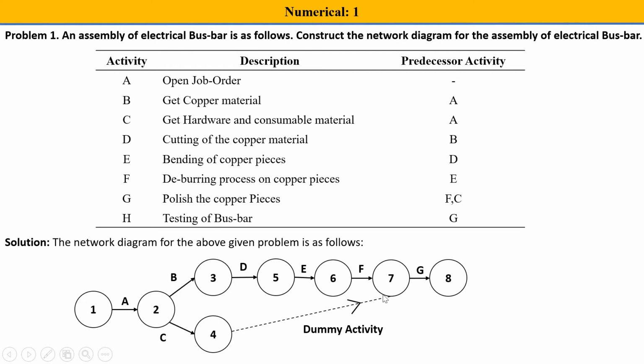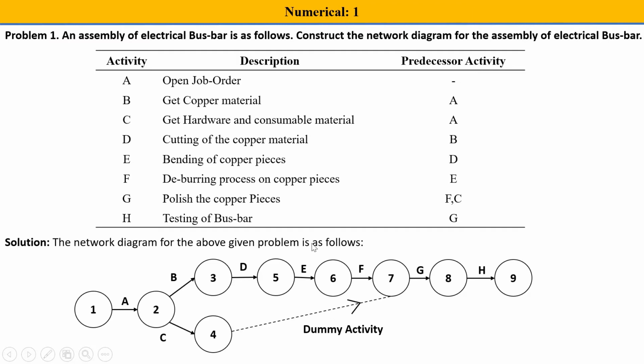So if I join this and see F over here, it means that G is coming out of F and C this way. F is connected to C, so this is how G is coming out. Now H is coming from G. So you see, from the start to the end we are increasing the event numbers and maintaining left to right, and in the process we are always checking how activities can be interrelated with a dummy activity.